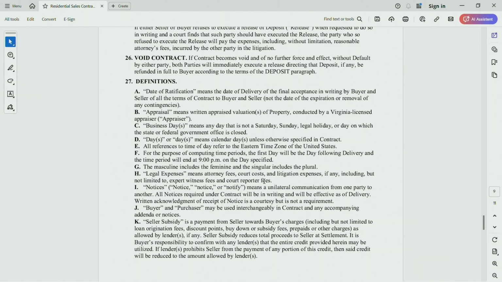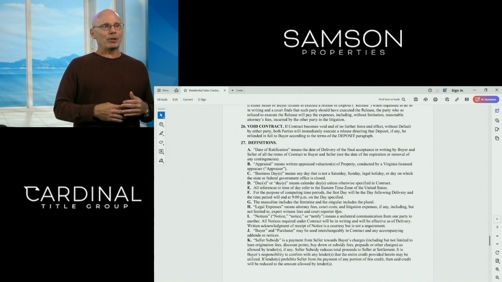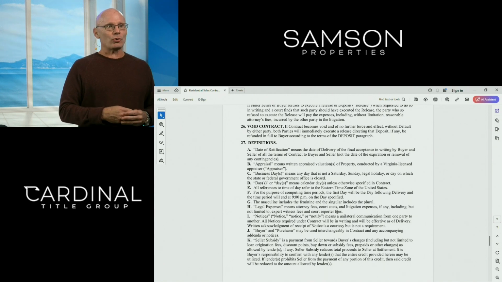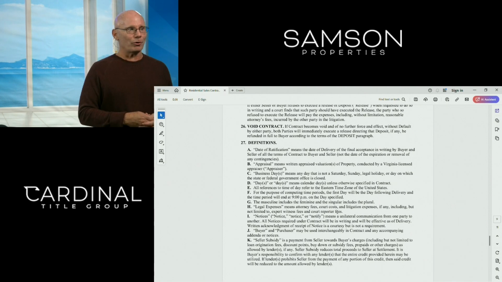So if you ask for more credits than your buyer can use, then the seller gets that money back. So you can try and reduce the sale price somewhere along the line because you found out halfway through that your buyer can't use all their credits.